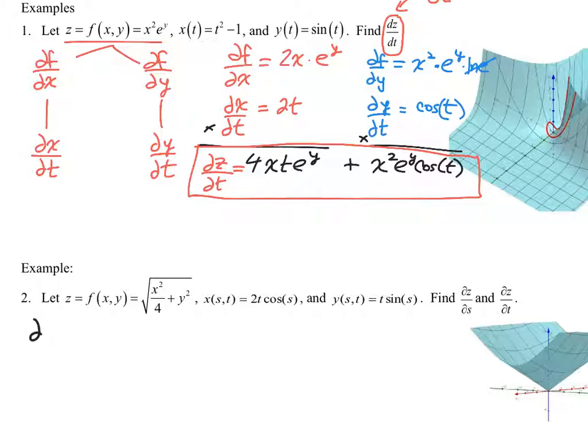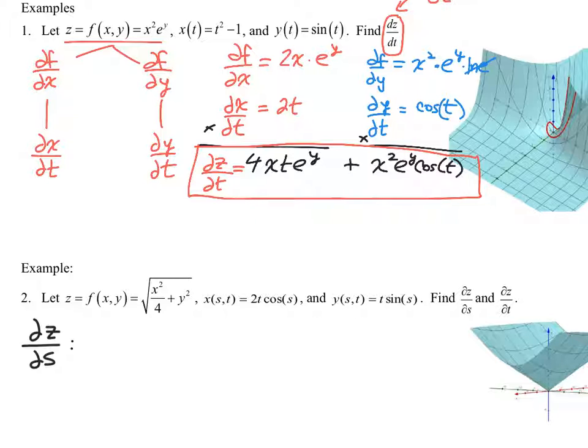So partial z with respect to s is really what I'm looking for first. But really what I'm going to do is just use my notation and detail out every possible thing I could take a derivative of. And then in order to find the partial with respect to s, I'm just going to take the relevant pieces from the pathways that emerge.